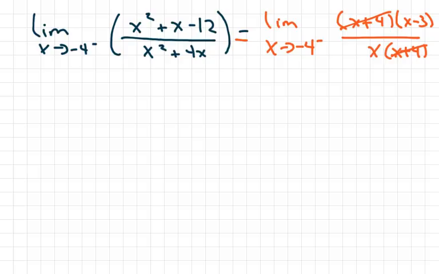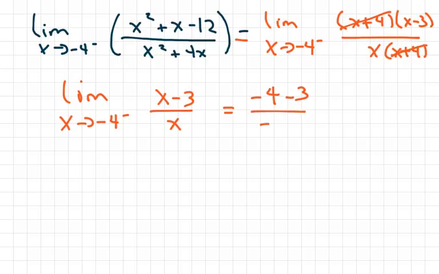And we're left with the limit as x approaches negative 4 from the left of x minus 3 over x, which gives you negative 4 minus 3 over negative 4, which equals negative 7 over negative 4, which equals 7 over 4. And that's all.